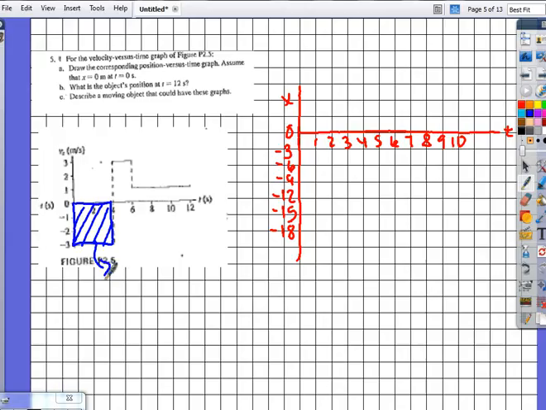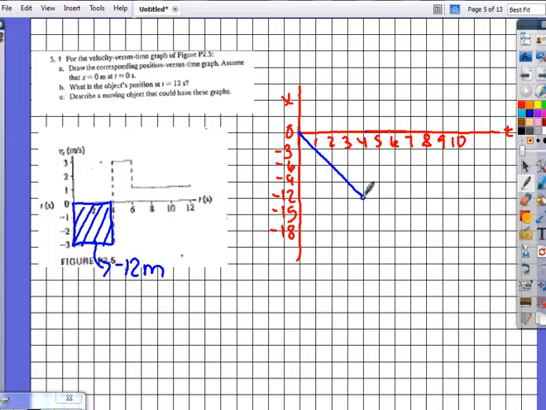-3 times 4 gives me an area of -12 meters. So that means in 4 seconds, I need to be here down at -12. And I'm going at a constant rate. That's a flat line. So I'm just going to go ahead and start here at 0 and do a line to -12. Now, the second part shows that I have a positive speed of 3 from 4 to 6 seconds.